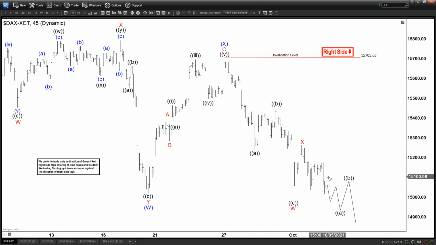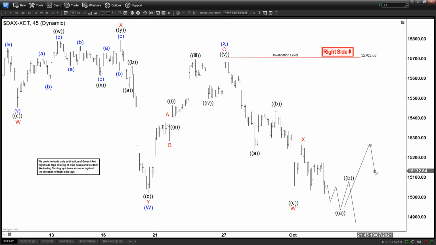Okay, suppose we take this route, what's gonna happen? Then you label this ABC, and then you will finish X here as an ABC, and then from here it will go down again, right? Now suppose we take another route. Let's say we make 2 more lows here, and then starts to rally pretty big, like instead of just a 3, let's say we rally like this.